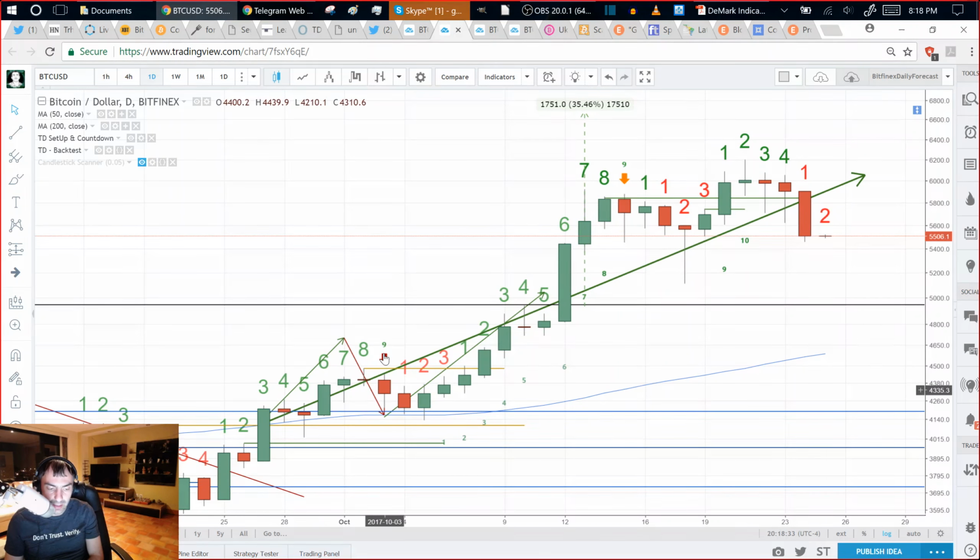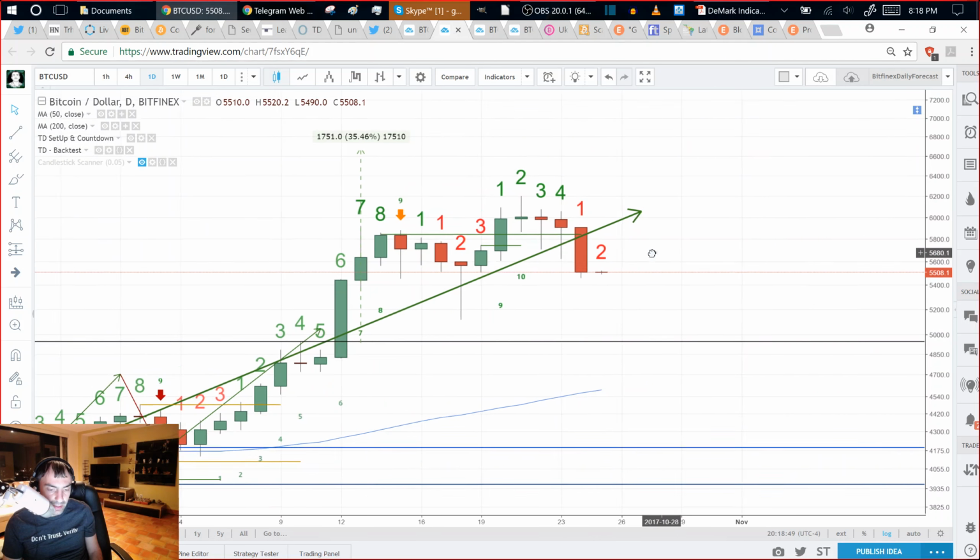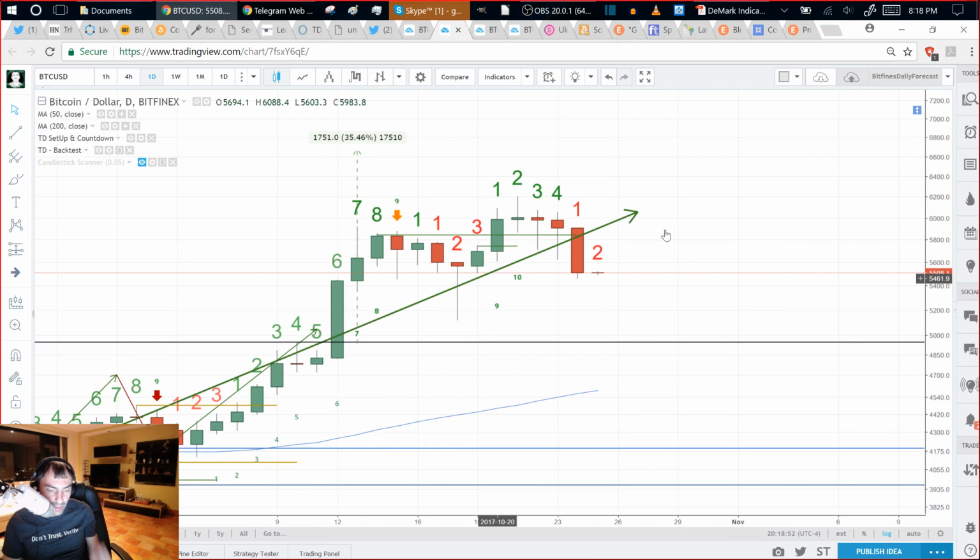You see this 9 started a 13 count a couple of days later because this candle did not meet the conditions to start the 13 count the day of the 9. But then there was another 9 that started another 13 count.